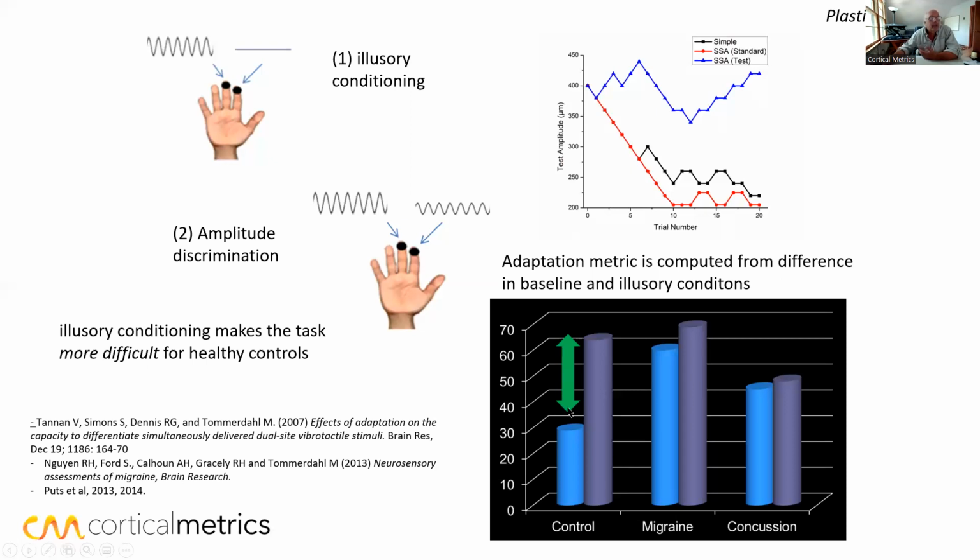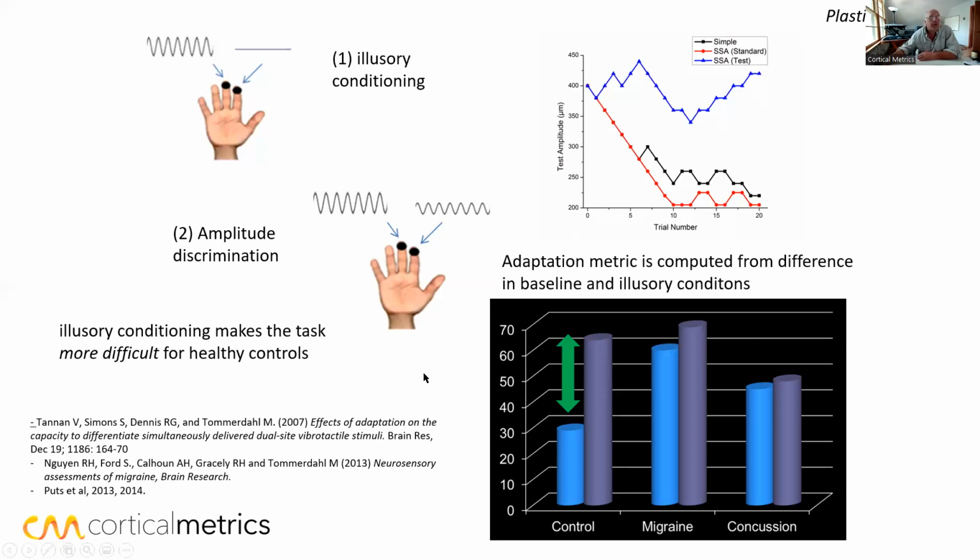The difference is due to that single site adaptation, that single site conditioning stimulus. See this big difference right here? That's good, because generally when you have some neurological insult, you don't see a difference between amplitude discrimination and the single site adaptation metric.